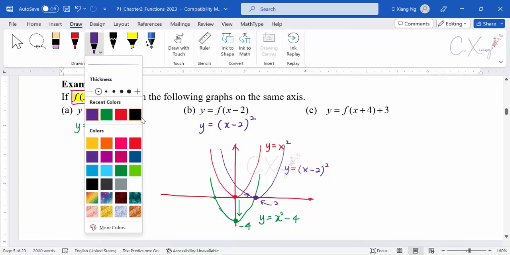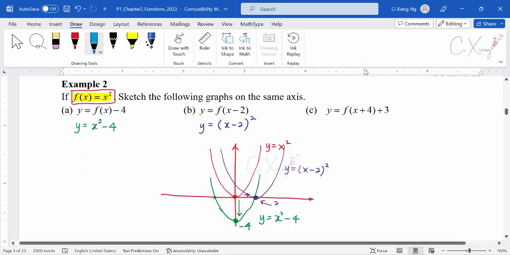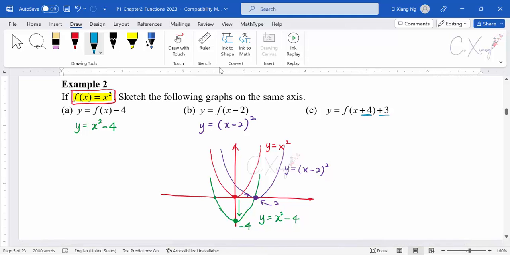Okay, so for part C, they are looking for y equals f(x plus 4) plus 3. The plus 4 is inside the basic function, and plus 3 is outside the basic function. So from here, you can see that the translation involved is in both directions, both x and y direction.